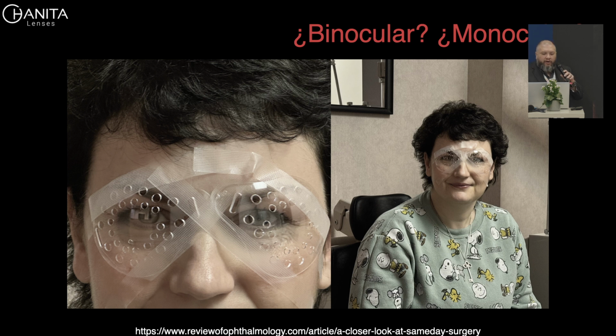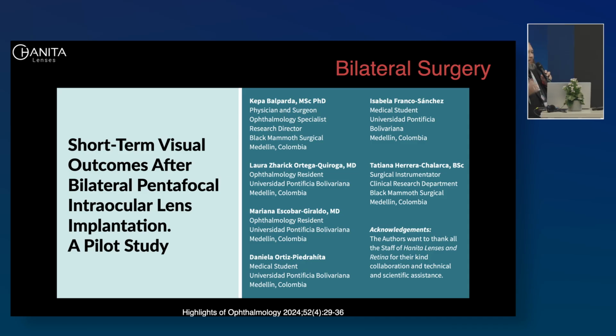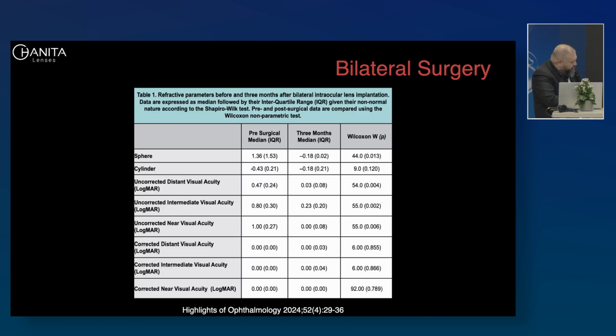So the first thing that I always ask myself is whether I'm going to do a binocular or a monocular surgery. A little bit later, we're going to talk about this difference. But we will start with bilateral surgery. This was a study that we published last year, 2024, in which we got a group of people with presbyopia and we implanted an Intensity lens on both eyes.